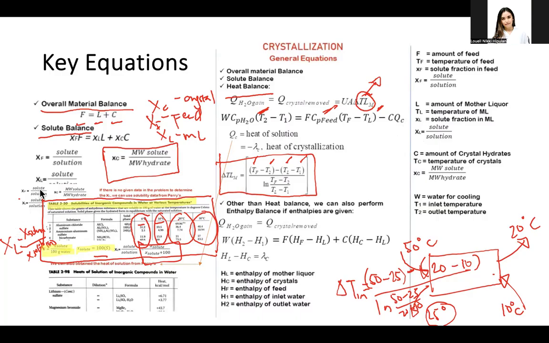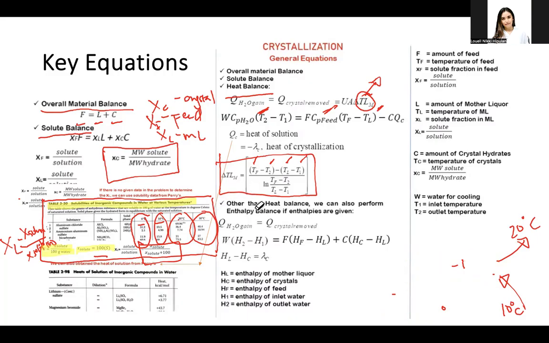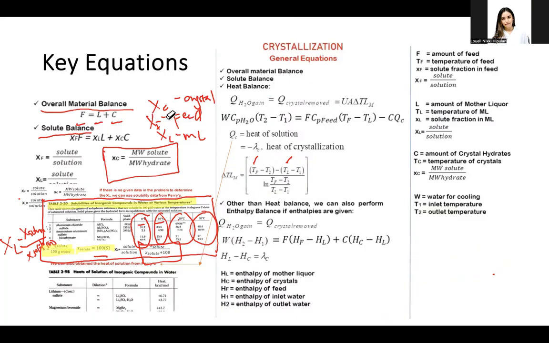I'm going to erase this one. And then you have this equation. Q is equal to MCP delta T. So the weight of your water, CP of water, change of temperature of your water.